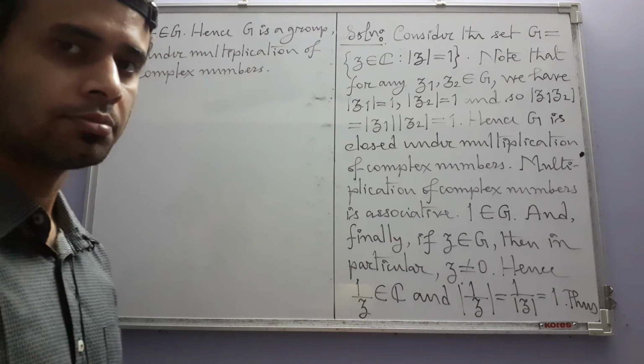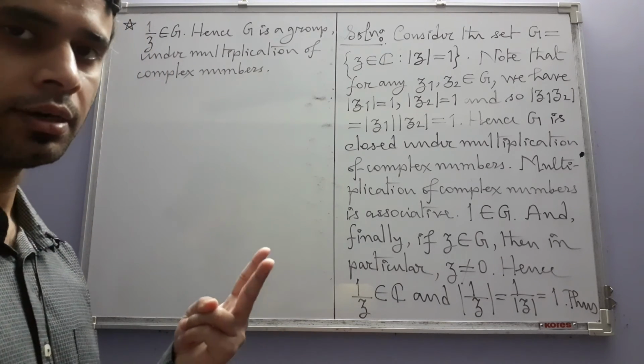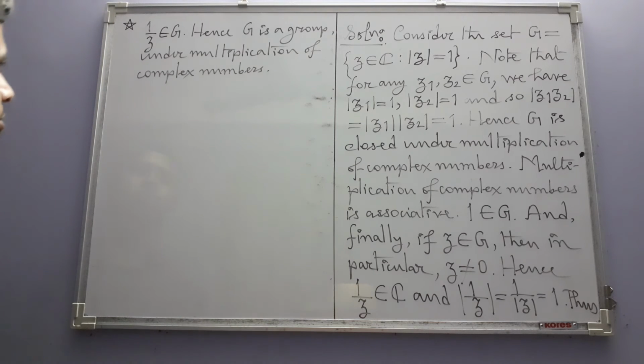So this is our group where we will show that there are exactly 2 elements of order 4.